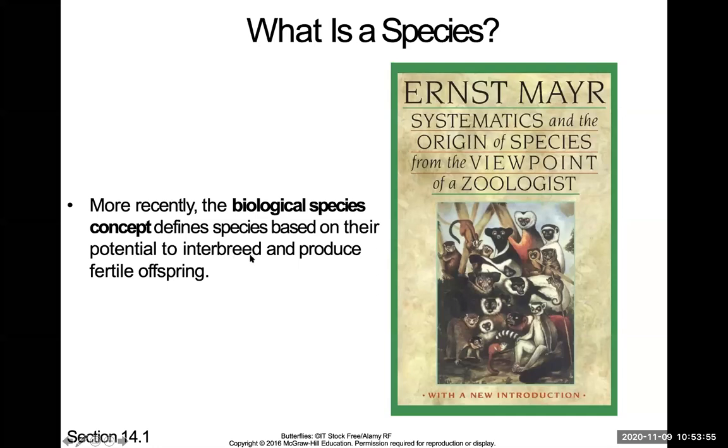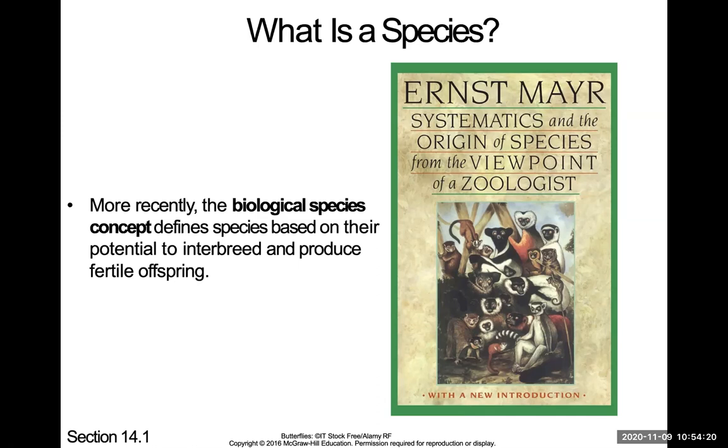Now, I also said that's not the only way. There's the morphological species concept, right? Morpho means shape. We look at the features that they have, and we cannot apply the biological species concept to dinosaurs. The reason is we can't go back in time and see who can reproduce with whom, and if the offspring will be fertile.